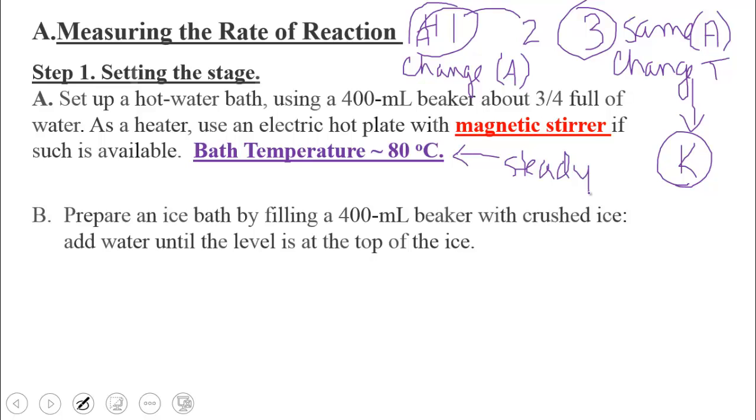It needs to be steady at 80 degrees for at least 5 minutes. We do not want the temperature varying because if you vary the temperature, then you're varying the rate, and we don't want to vary that temperature until trial 3.